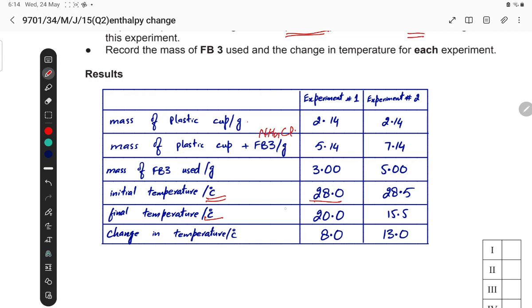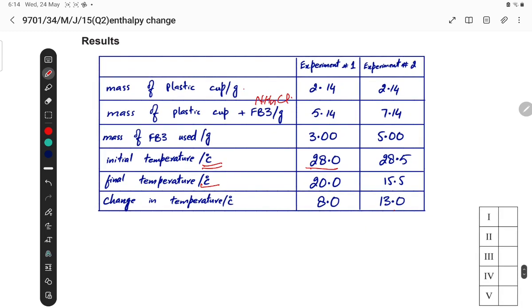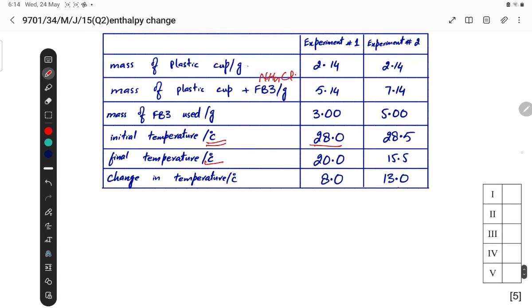So the difference of these two temperatures, initial from final, is 8 degrees centigrade, and for experiment 2 this is 13 degrees centigrade. So if you draw the table and write down your readings accordingly, then you will straight away get these marks.